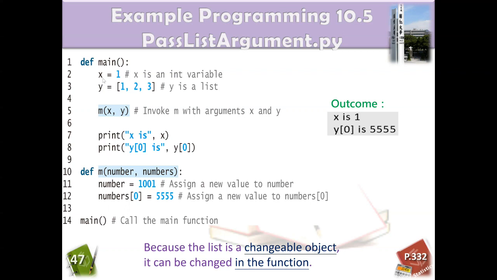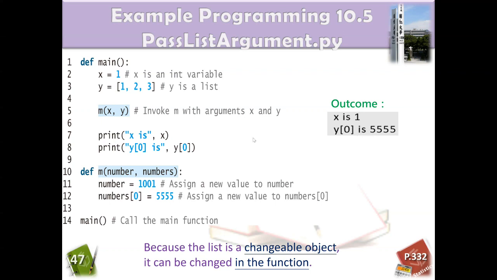It's unchanged, but the list value can be changed. So when we assign the list index 0 equal 5555, then we return to the y. So now y is changeable because this part has already changed to 5555. So finally, the result will be just like this.